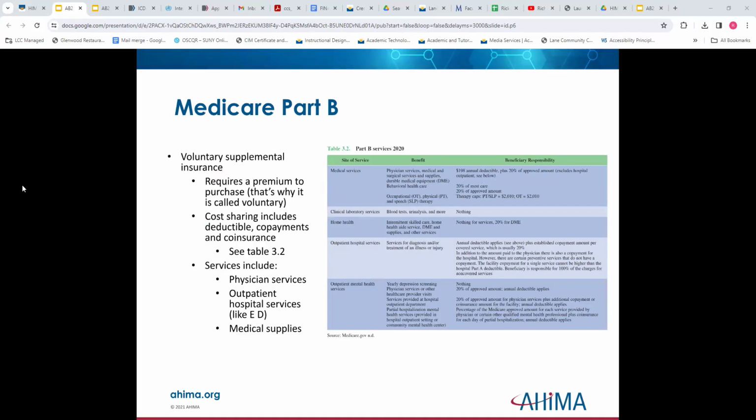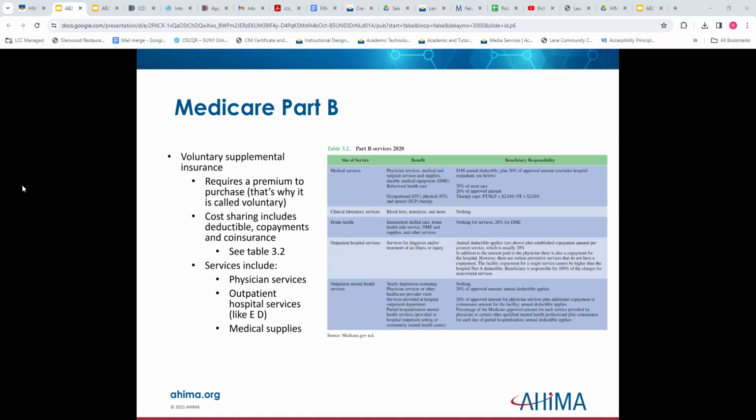Medicare Part B is voluntary. In other words, people don't have to have it. It is voluntary in the sense that you sign up for it and you pay a premium like any other type of insurance. Cost sharing also includes deductible, co-payments, and co-insurance.